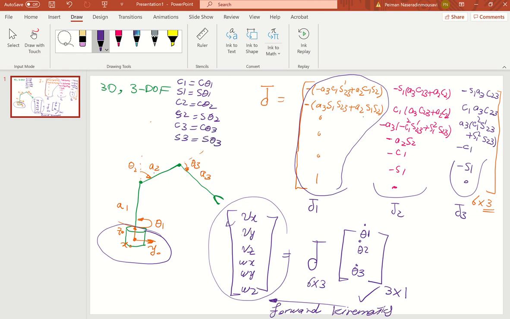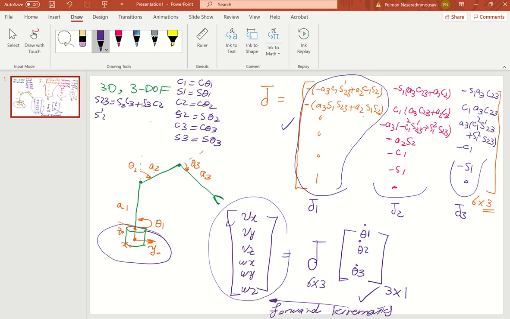For those of you who forgot from the previous classes, I don't want to make a mistake with these notations. When I say S23 in this Jacobian matrix, it means S2 cosine 3 plus S3 cosine 2.